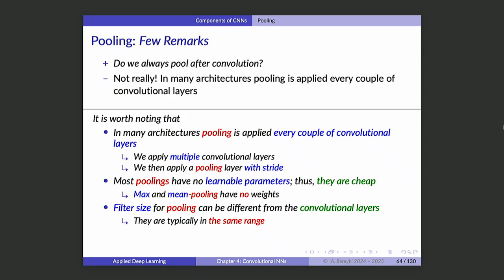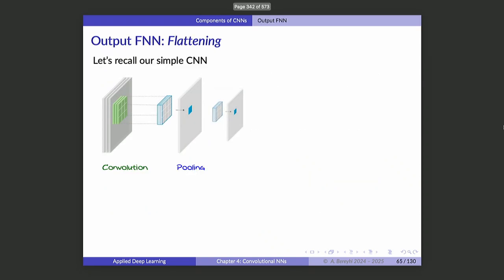That is also possible. The filter size of the two approaches does not need to be exactly the same. But typically, we use the same filter size. So if you are doing convolution with filter 3 by 3, you typically do the pooling with the same filter. But there is no reason. You can change. Okay? So that's it.